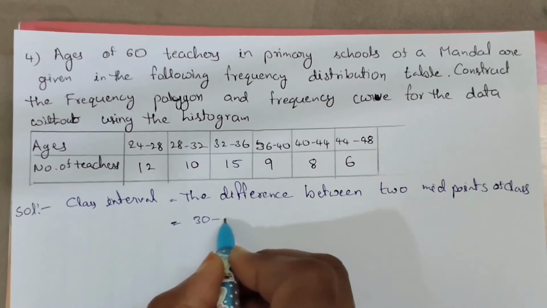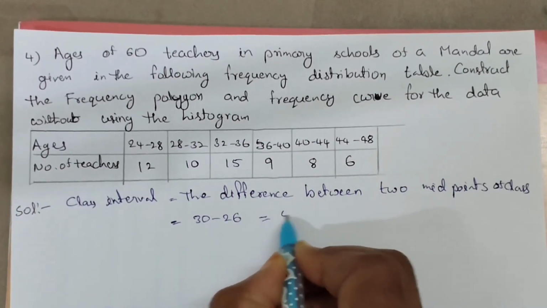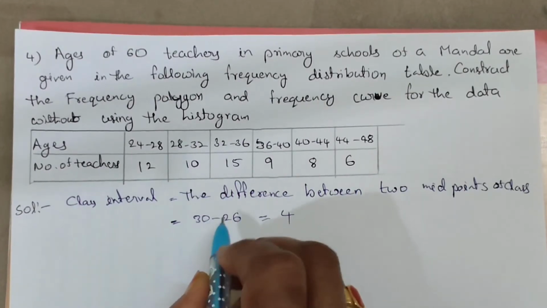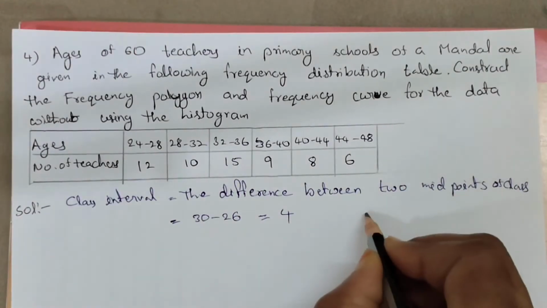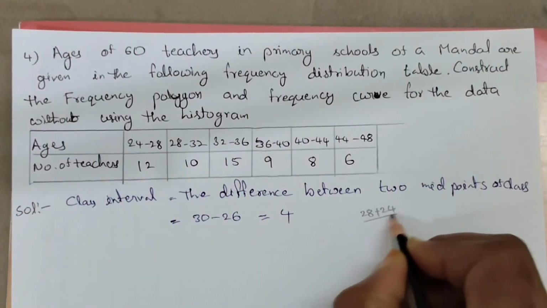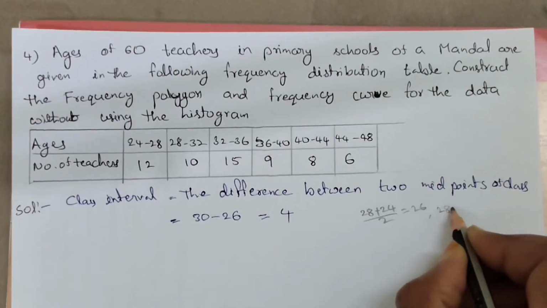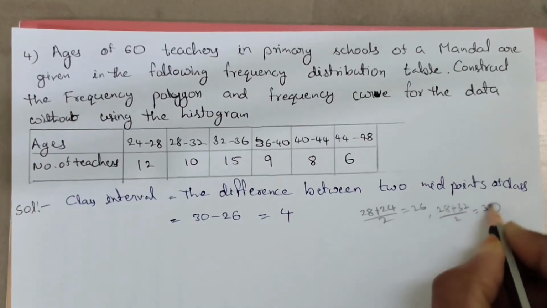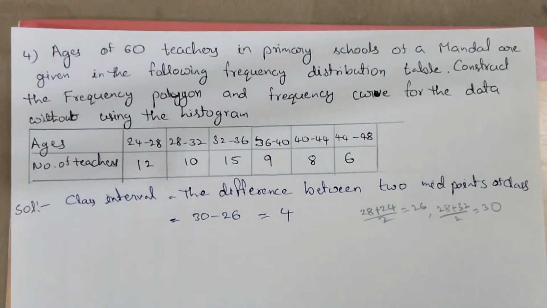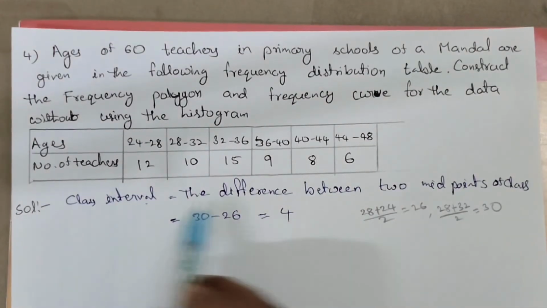So 30 minus 26 is equal to 4. Here, 24 plus 28 divided by 2 is 26, and 28 plus 32 divided by 2 is 30. We take these two numbers. Now the class interval is 4.